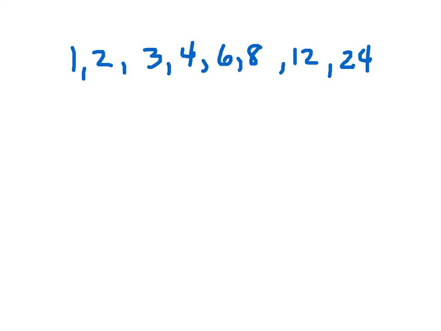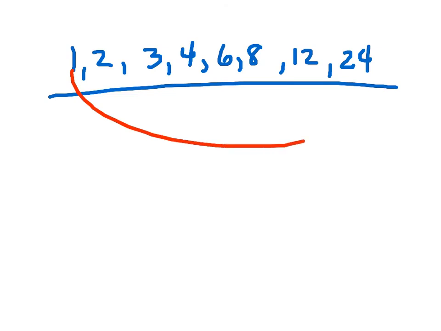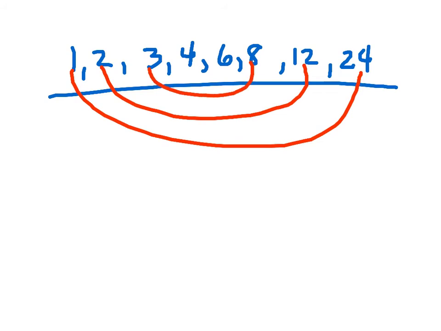So all these are the factors of 24. And again, you can look at it and see that this times this equals 24, this times this equals 24, that equals 24, and this times this equals 24. Just put them in numerical order there, and you have all the factors from 1 to the number itself.